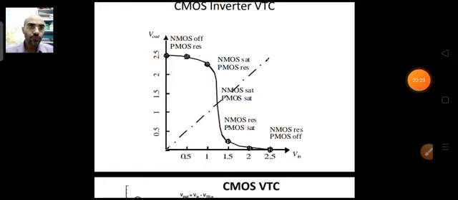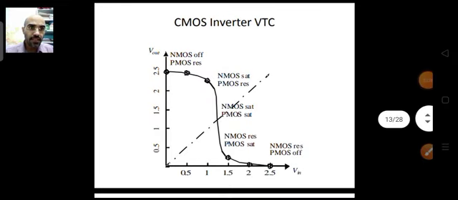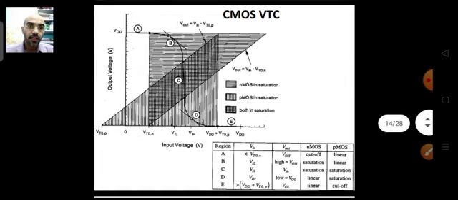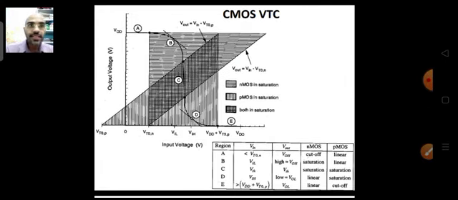If you see these characteristics and try to understand them in detail, the CMOS characteristics are not difficult to understand, but they are very important to understand in order to derive the various voltage equations, the equations for VIL, VIH, VTH, VOH, VOL.